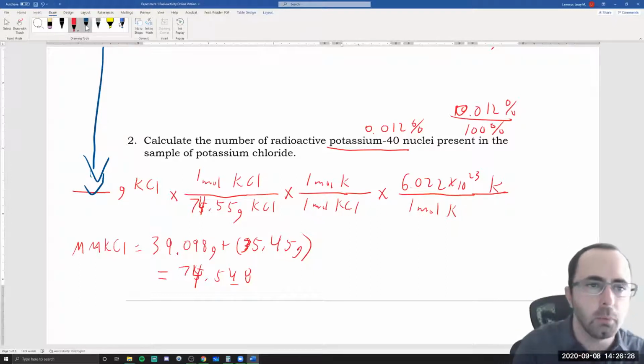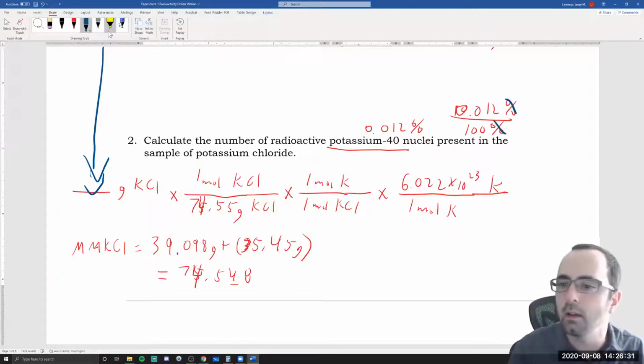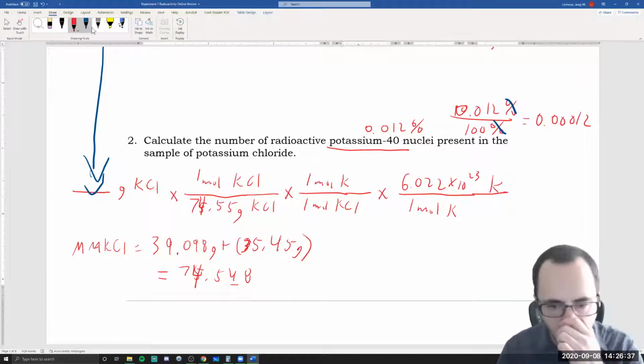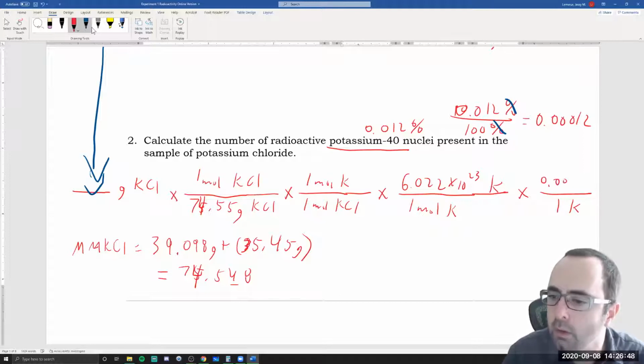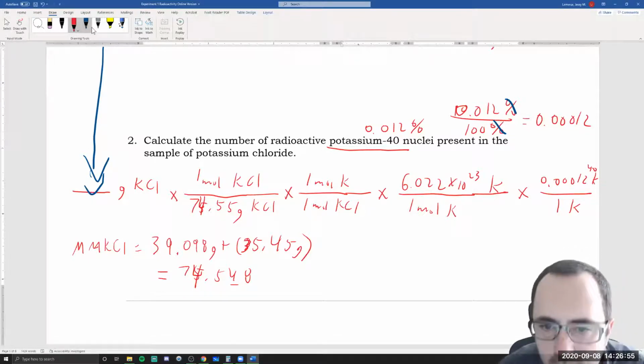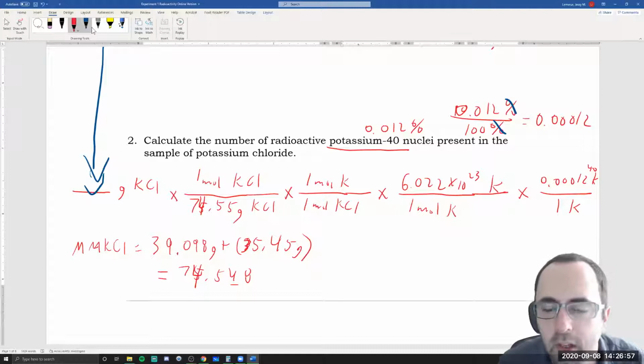That gets rid of our percents and gives us a decimal, which is 0.00012 to 2 sig figs. So eventually we'll have 2 sig figs on this thing. The way we use that is, for every 1 potassium, there are 0.00012 potassium 40s. And that's going to tell us how many radioactive potassium 40 atoms we have.